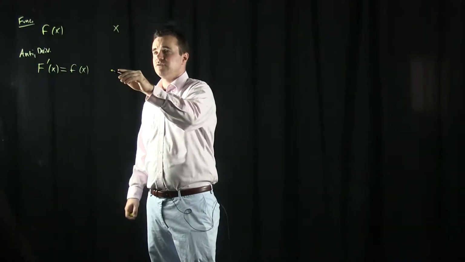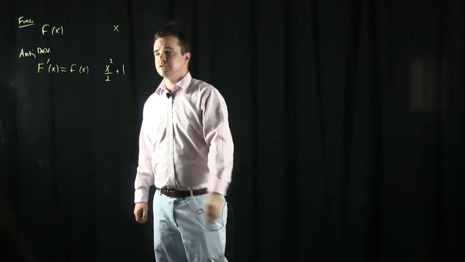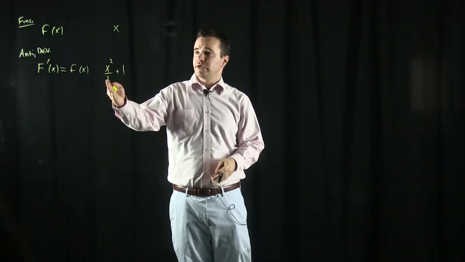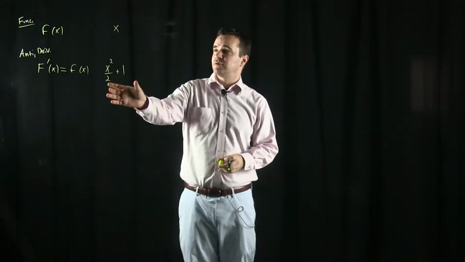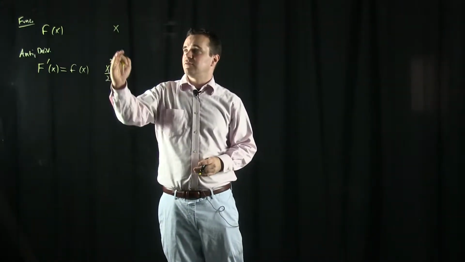One such function is x squared over 2 plus 1, because the derivative of x squared over 2 plus 1 is 2x over 2, cancel them out, and the derivative of 1 is equal to 0. So the derivative of this just gives you x. There's an antiderivative for x.